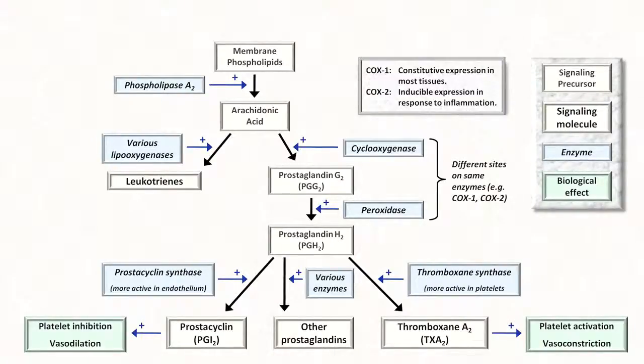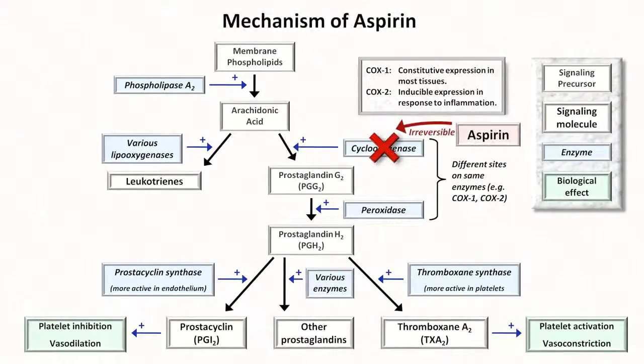The general mechanism of aspirin is that it irreversibly acetylates a serine residue in the cyclooxygenase active site, thus ultimately inhibiting production of PGH2. Because the activity of aspirin on the serine residue in question varies between the COX-1 and COX-2 isoenzymes, the consequences of this inhibition depend upon the aspirin dose.